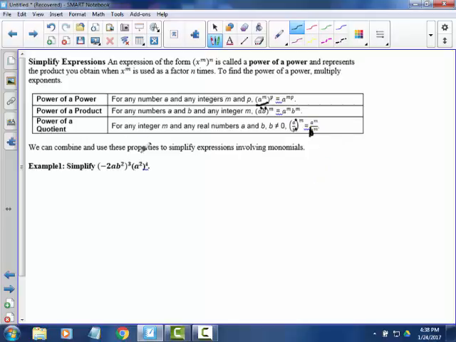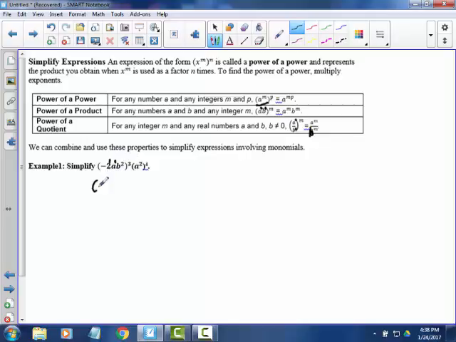All right, so we can combine and use these properties to simplify expressions involving monomials. We're going to start off here, and we see that each of these members of the term, -2 has an exponent of 1, A has an exponent of 1, B has an exponent of 2. Then we have this 3 on the outside, so we're going to multiply that 3 times 1, times 1, times 2.